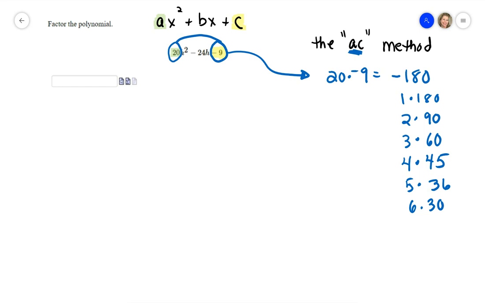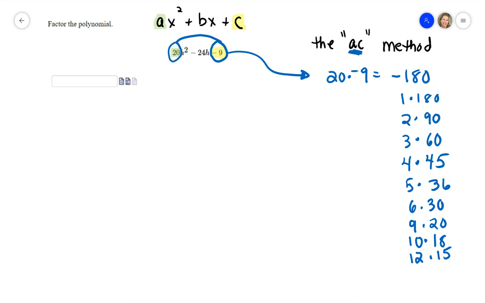No, 8 does not. 9 times 20. 10 times 18. 11 does not work. 12 does. 12 times 15. 13 and 14 do not work, so I found them all.